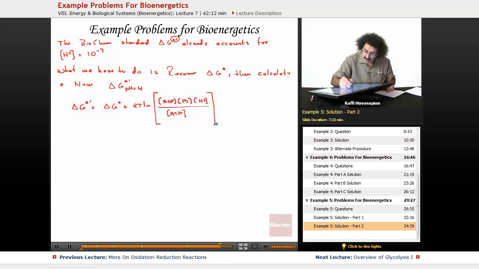Over ATP. Okay, now let's find, so this is our variable. We want to find this so that we can go backward from that. Well, we know what the delta G standard is. It's the negative 30.5.